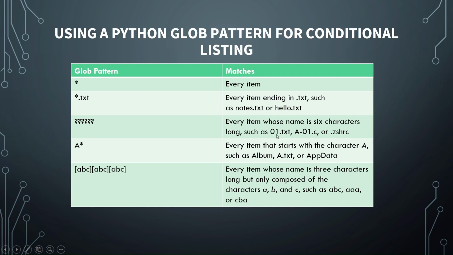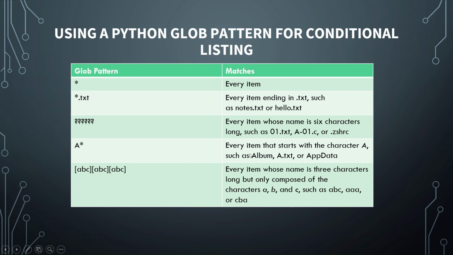It does not count only 01, it counts all the characters inside the file name. Or, for example, a-01.c. So over here you can see all six characters will be matched if you're using six question marks. If you're using a*, then all the files that start with the name a are returned.